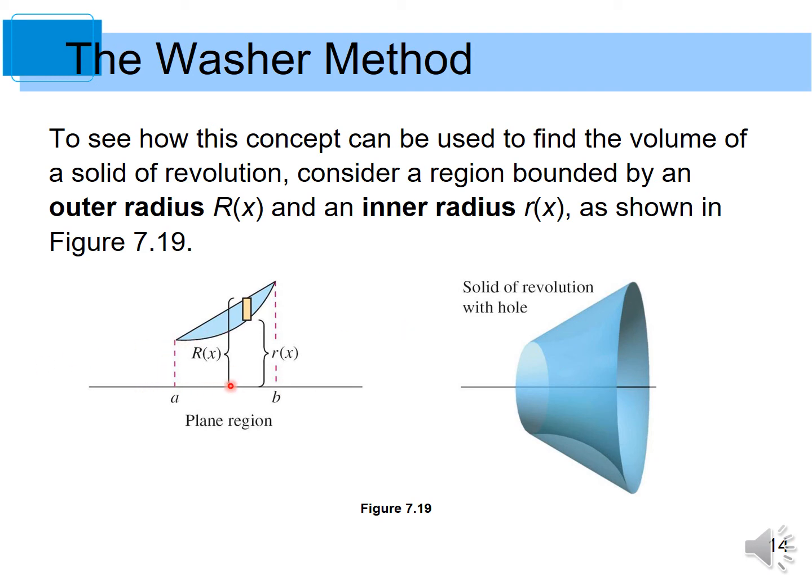So the distance from this horizontal axis to the linear line, we say big R, and the distance from this horizontal line to the quadratic curve, we say small r.